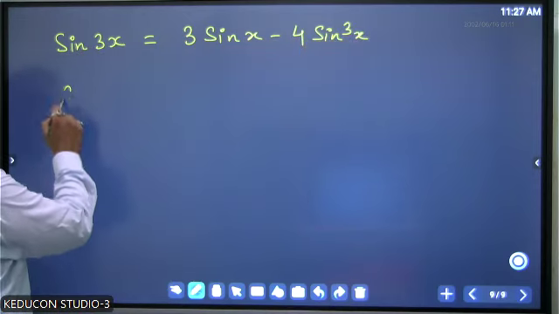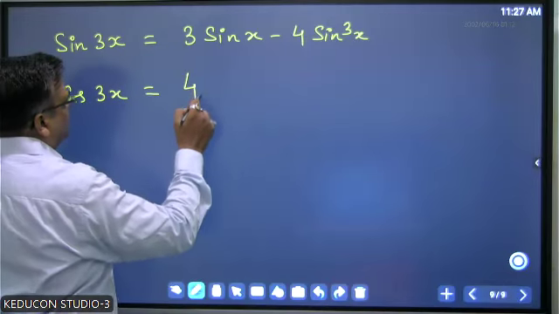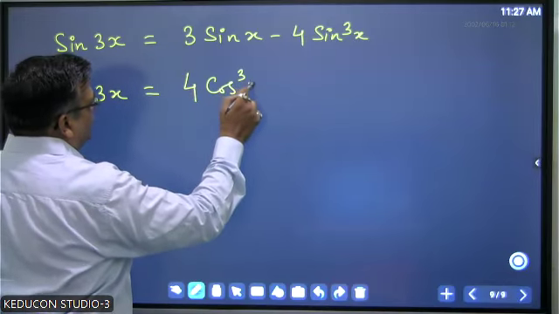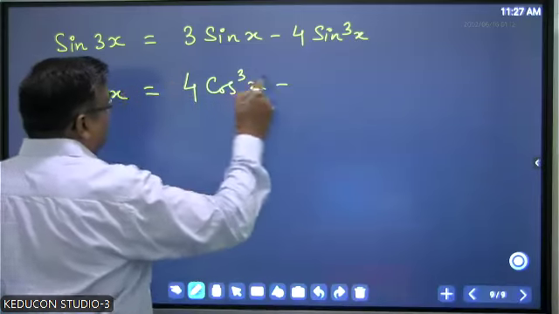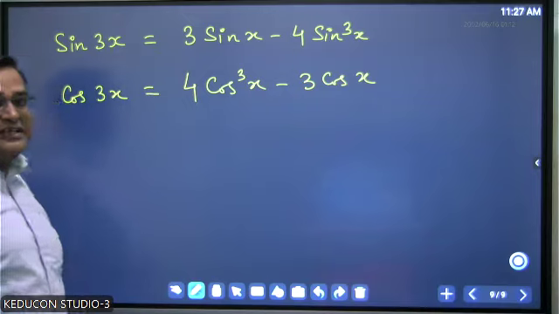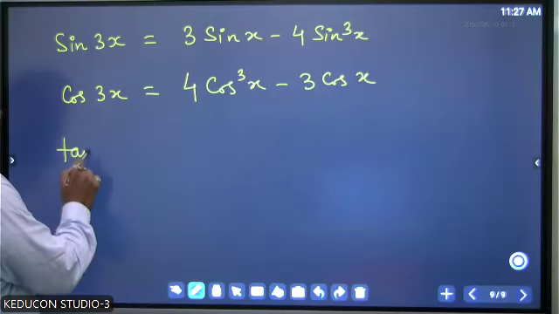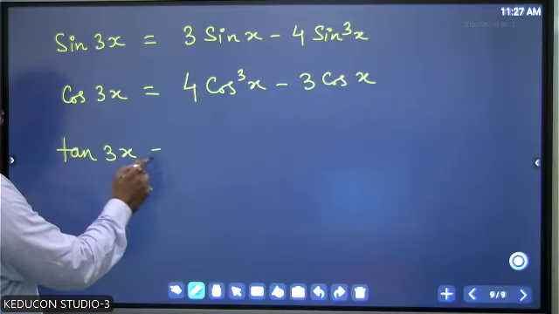Similarly, we have the formula for cos 3x. This is 4 cos cube x minus 3 cos x. Next formula is tan 3x.